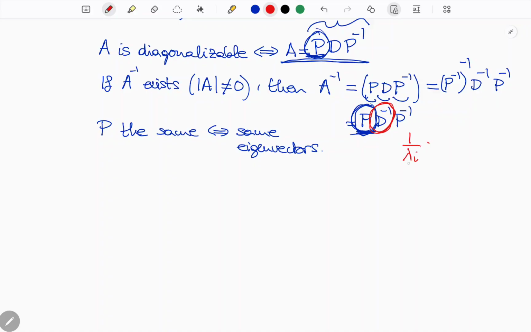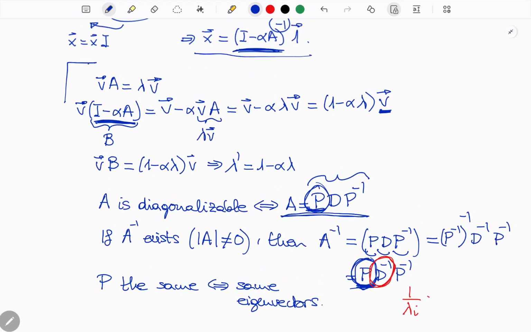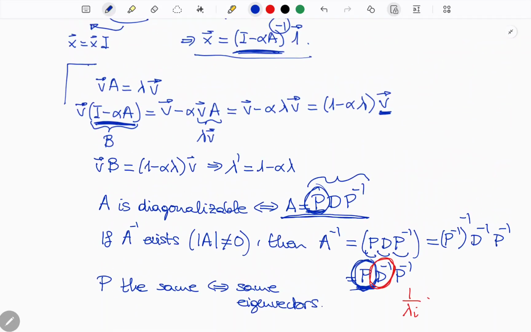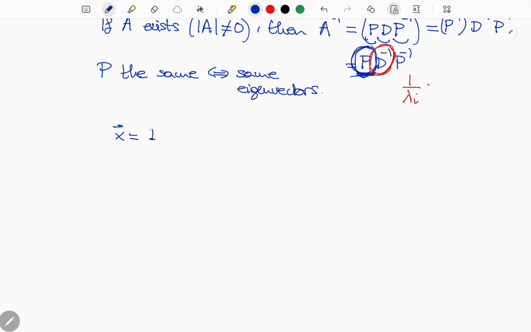So now we have that the eigenvalues are the inverse of the previous ones. That's it. So what we find is that x is equal, according to this expression, to the inverse of the identity matrix minus alpha A, times the vector of 1s.